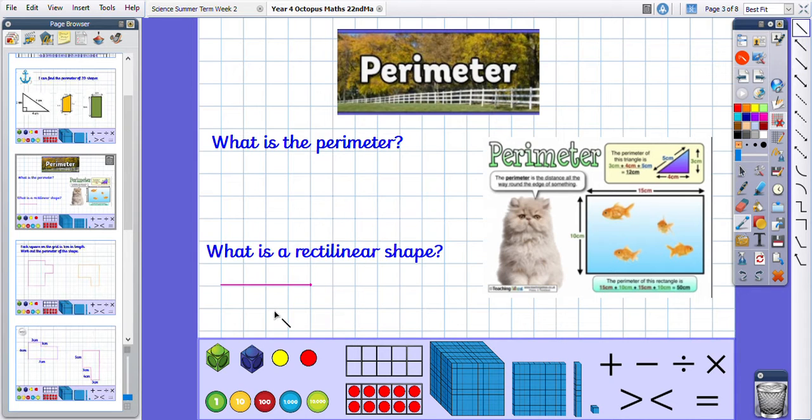So I'm going to put a rectangle here like this, and then I'm going to put a rectangle here like this, and I might even put a rectangle here.